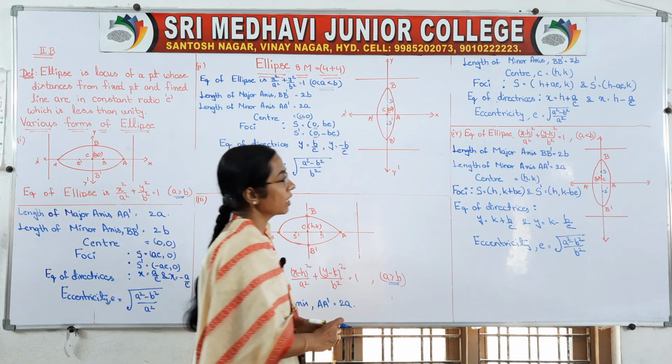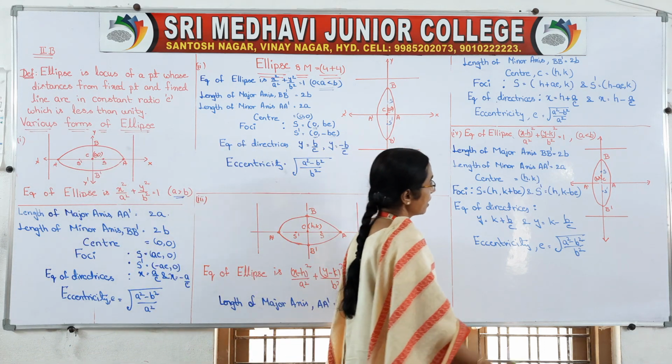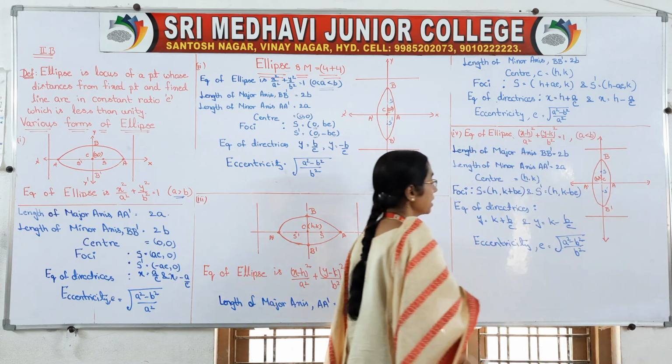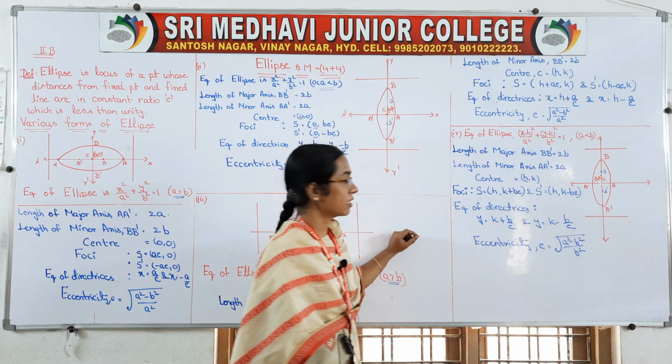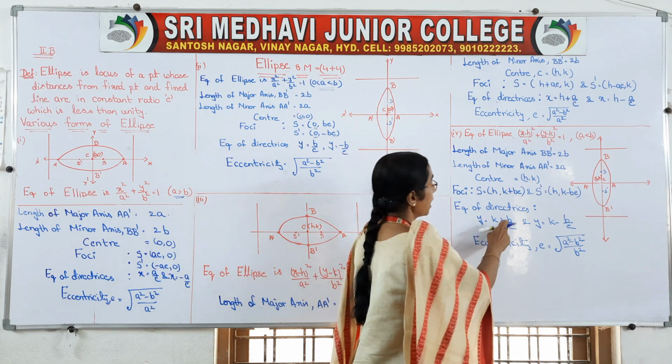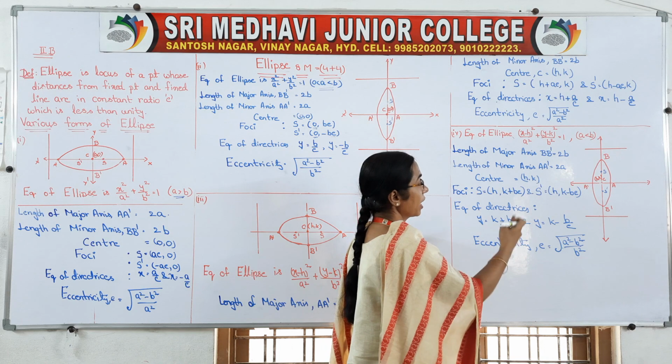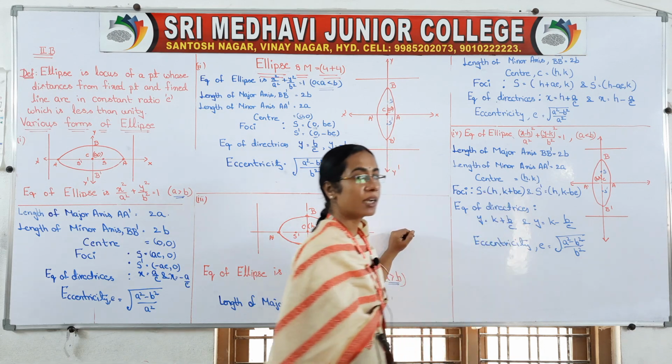Next, come to the equation of the directrices. Same thing, on this B dash axis we have the equations of the directrices. So y is equal to k plus b by e upwards, and y is equal to k minus b by e downwards.